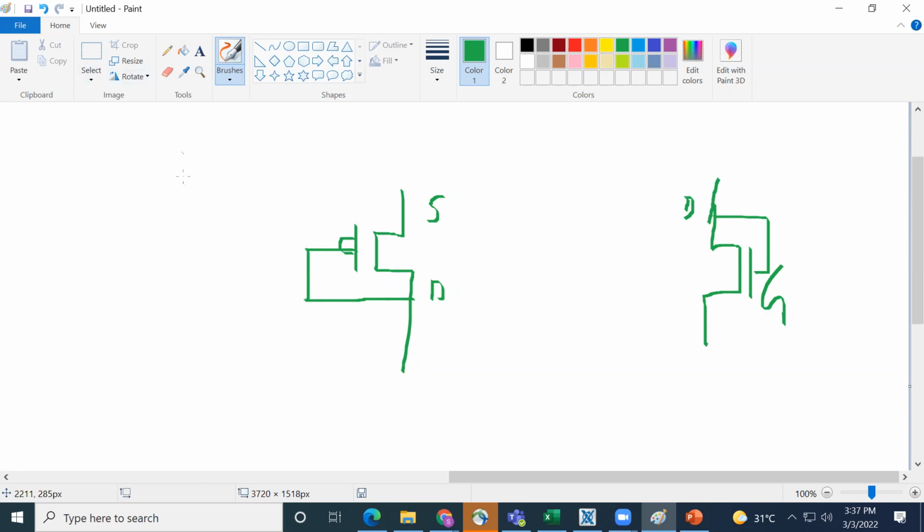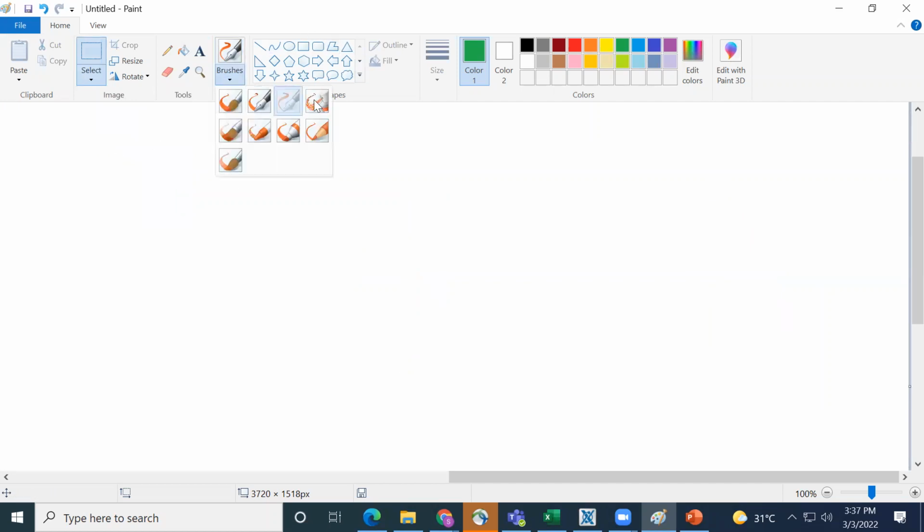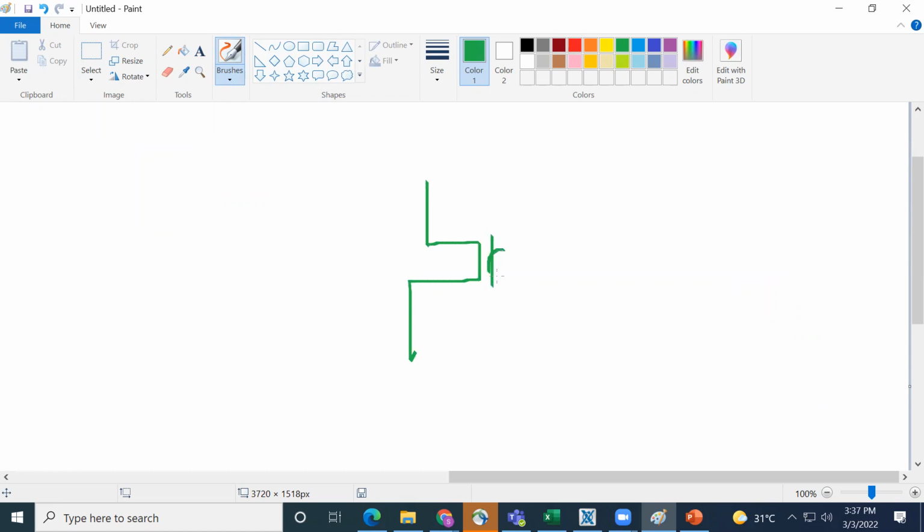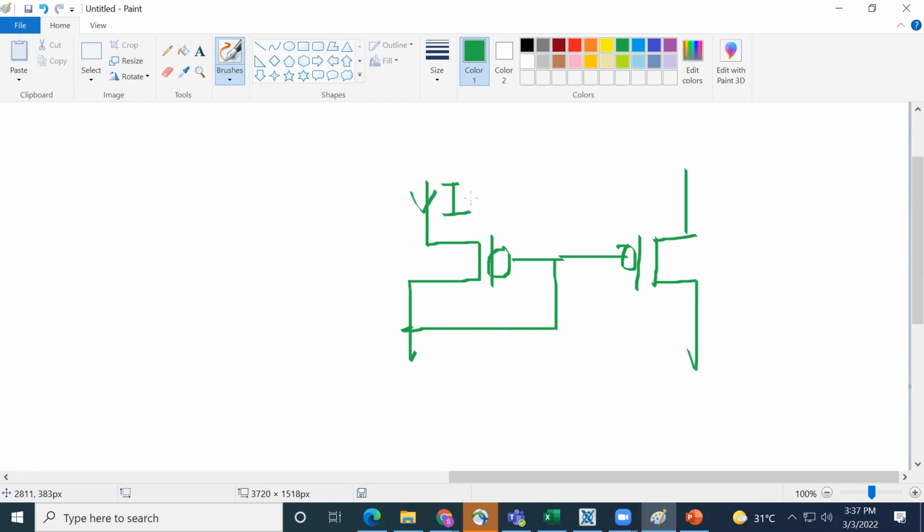Current mirror means you connect it to any device. Gate and drain are shorted, so this device I connected.